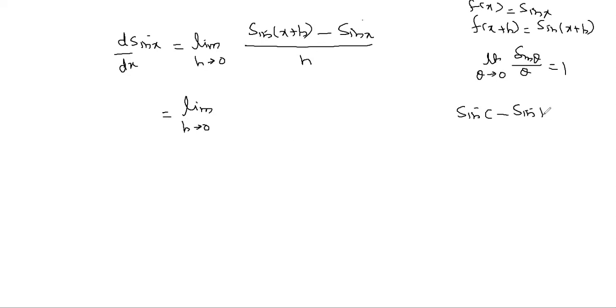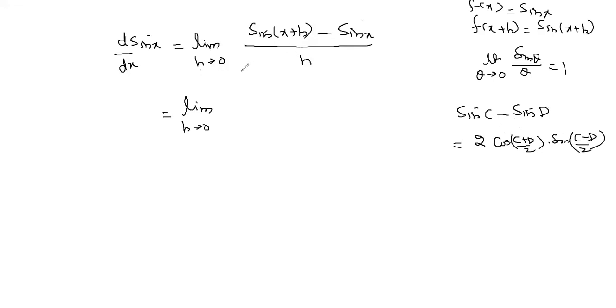Can anybody tell me what is sin C minus sin D, fast? It is 2. Yes. I told you how to remember. What will come here, sin cos or cos sin? Cos, cos of (C plus D) by 2, and sin, because the second part will be sin of (C minus D) by 2.